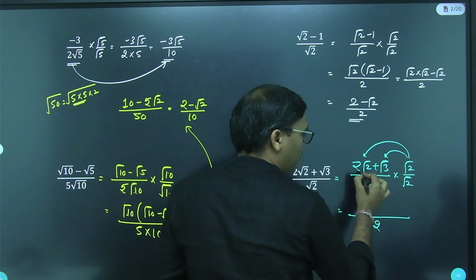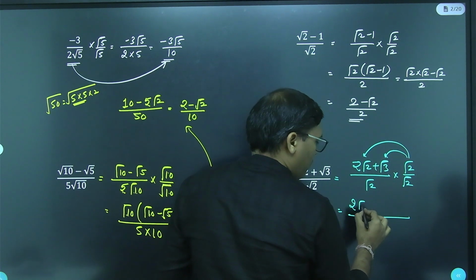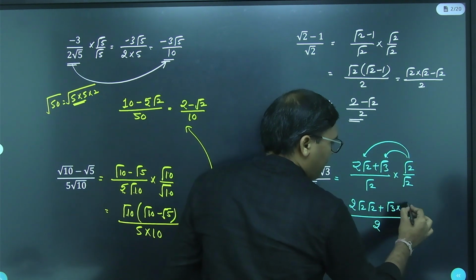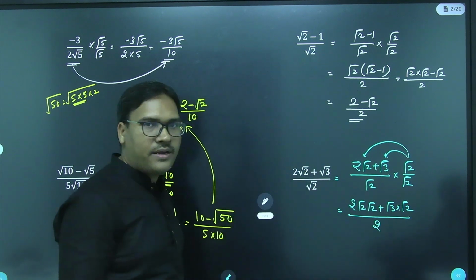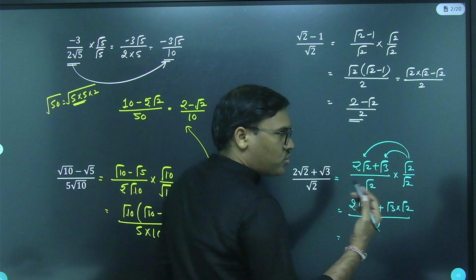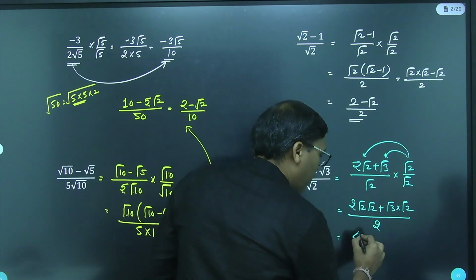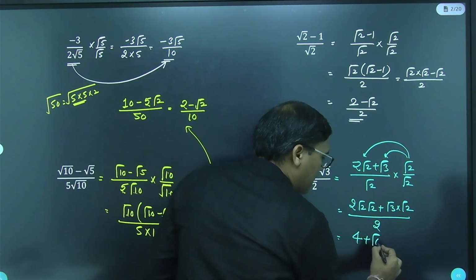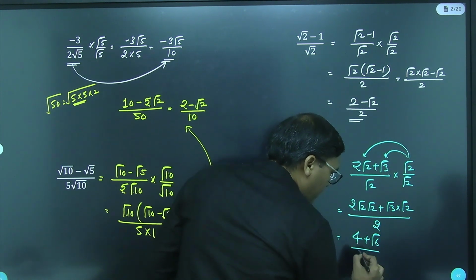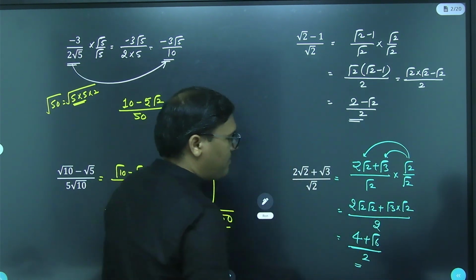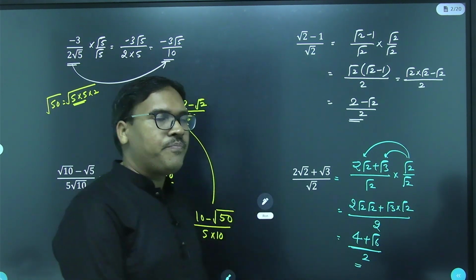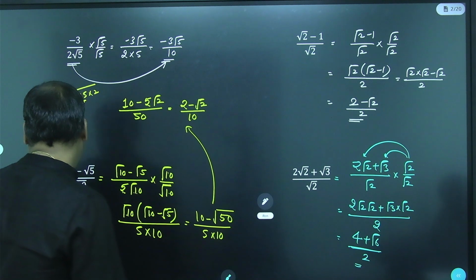So 2 root 2 into root 2 plus root 3 into root 2, right? So root 2 into root 2 is 2, 2 into 2 will become 4, plus root 6, because root 3 into root 2 is root 6, divided by 2. Now you can see I cannot simplify this further because there is no common factor which can be cancelled out. So this is how you rationalize these terms.